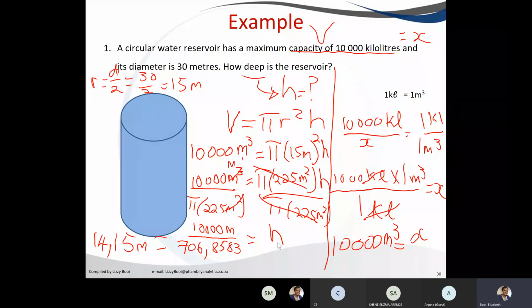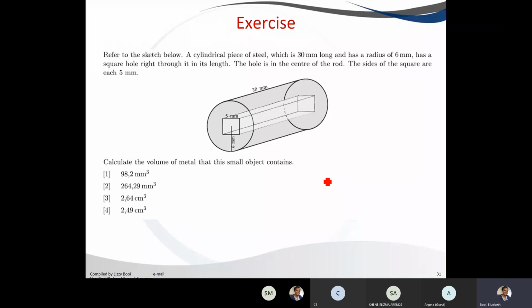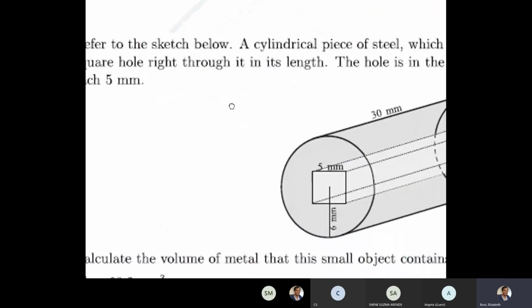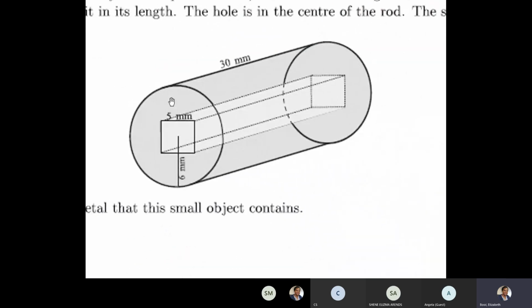Okay, if there are no questions, then you have an exercise. So you are given, refer to the sketch, which looks like this.